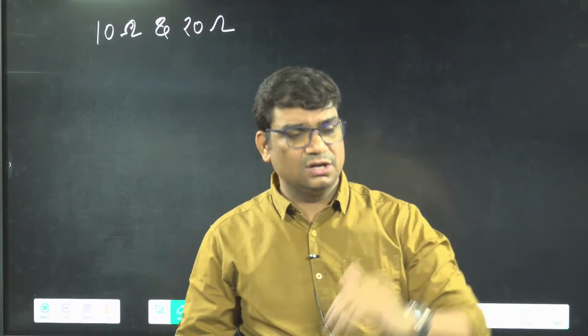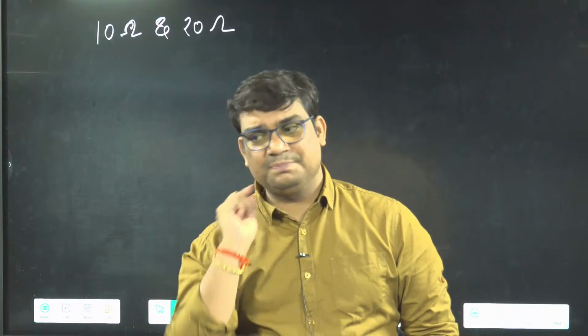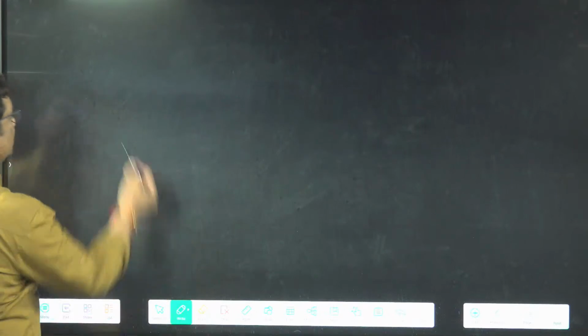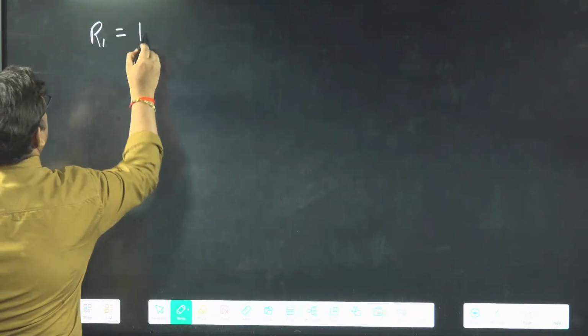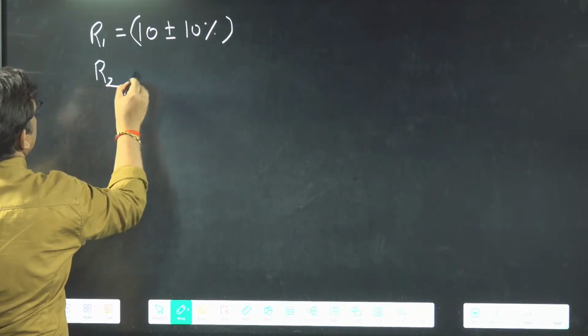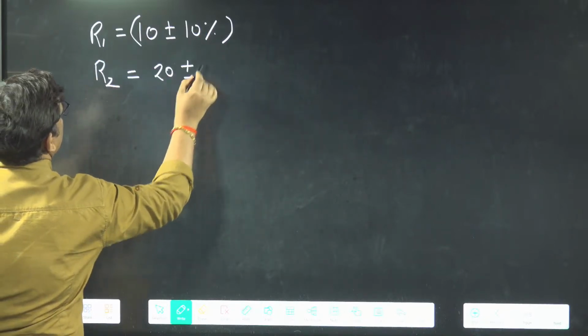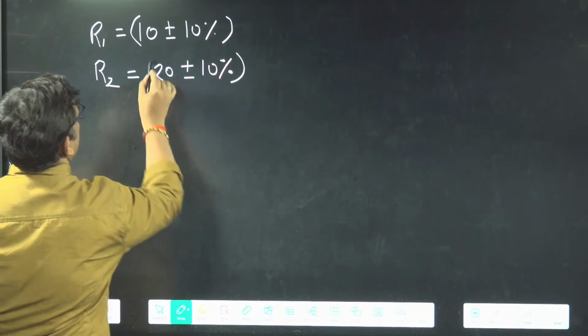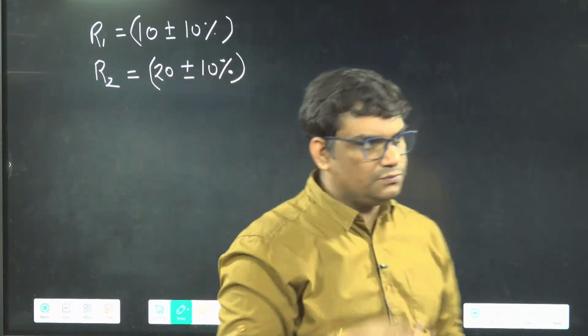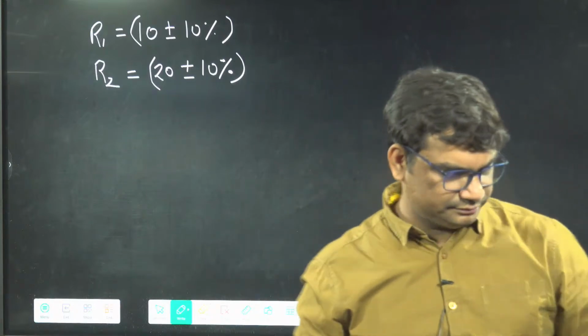That means R1 is 10 plus minus 10% possible error, and R2 is 20 plus minus 10% possible error.